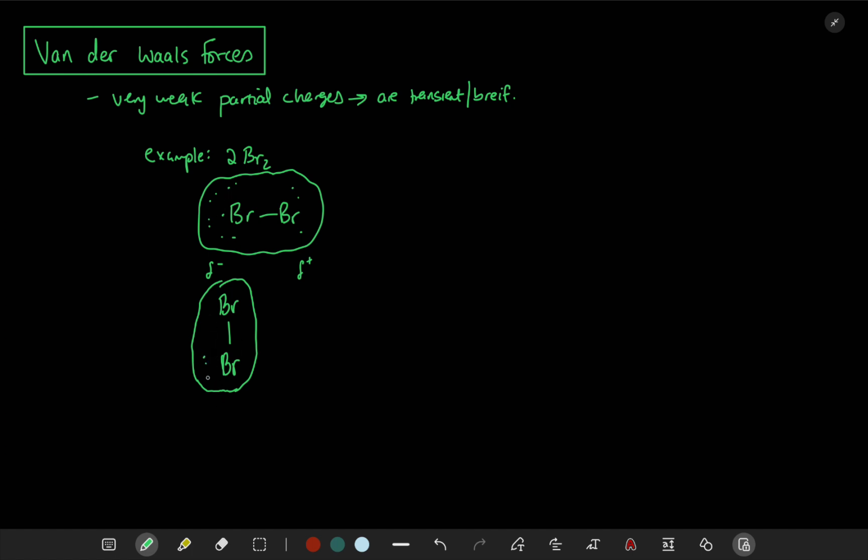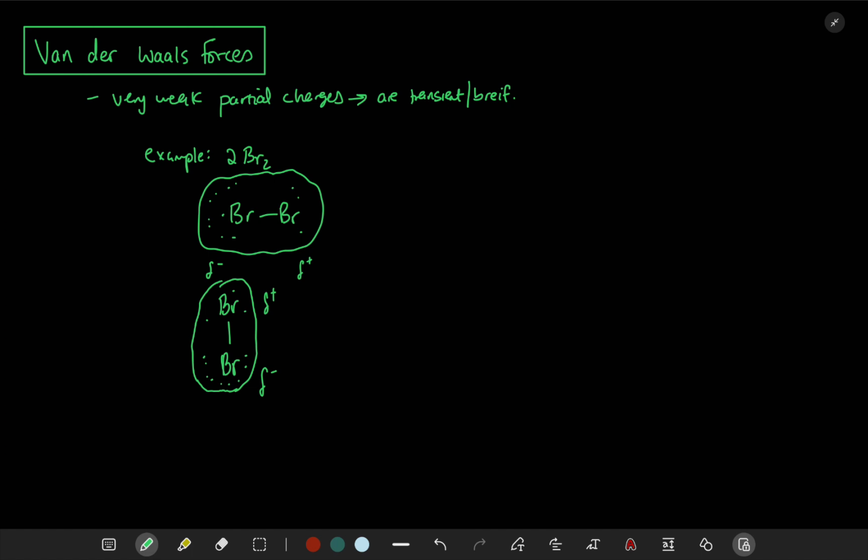So now we have 1, 2, 3, 4, 5, 6, 7, 8, 9, and then say 10, 11, 12 or something like that. So now for this molecule, this side of the bromine molecule is going to have a partial negative charge, and this side is going to have a partial positive charge.